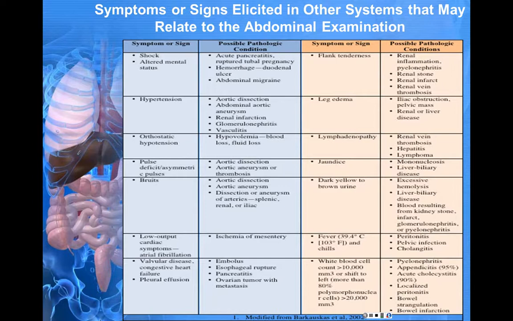Jaundice can be related to mononucleosis, liver or biliary disease. So a lot of these signs are listed in other symptoms, but they are related to your abdominal exam.